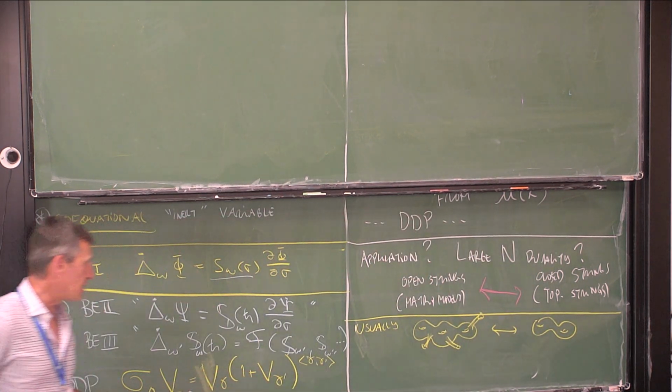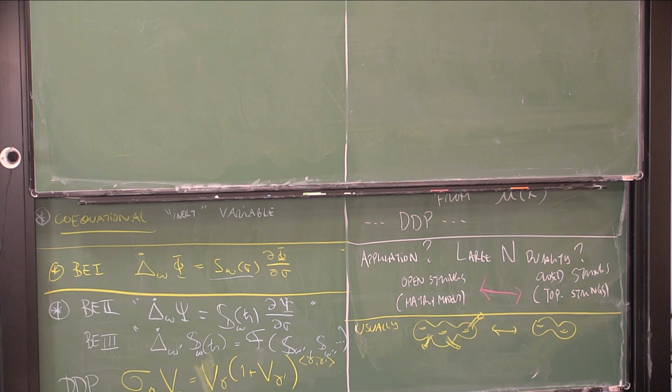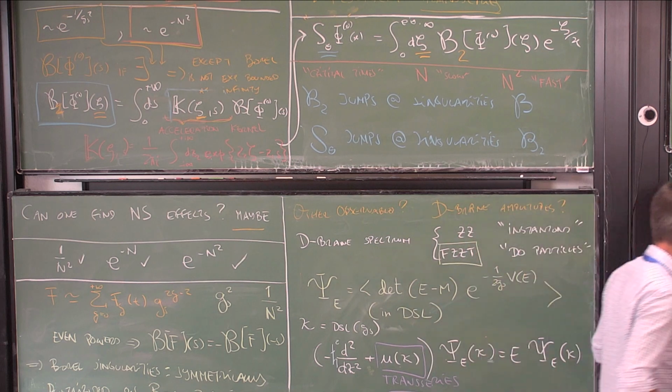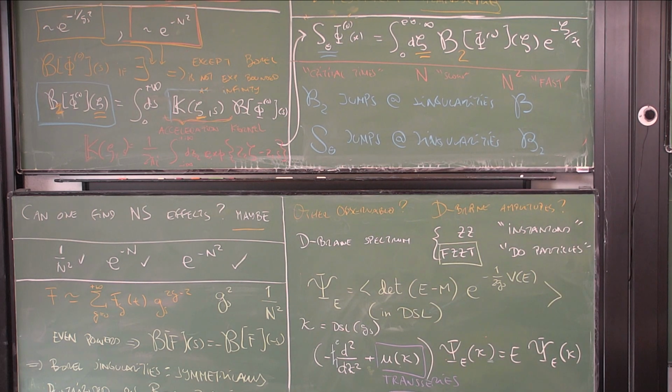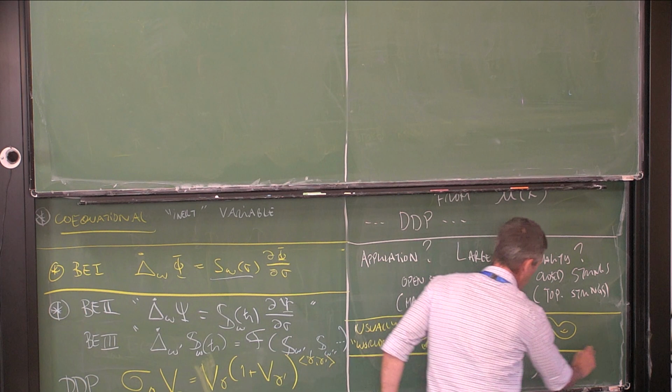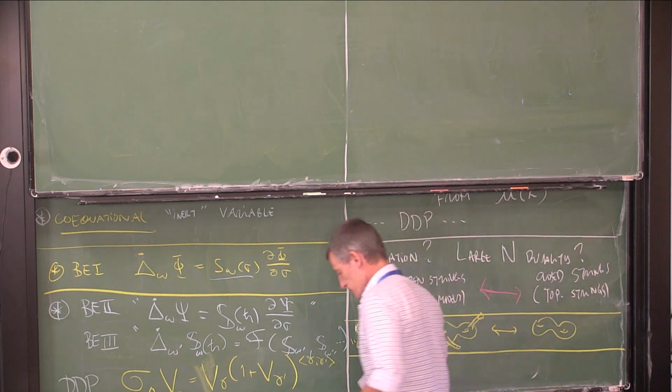And in the matrix model context, there has actually been recent progress. But we're thinking slightly differently. That would be, let's say, world sheet. We're thinking target space.